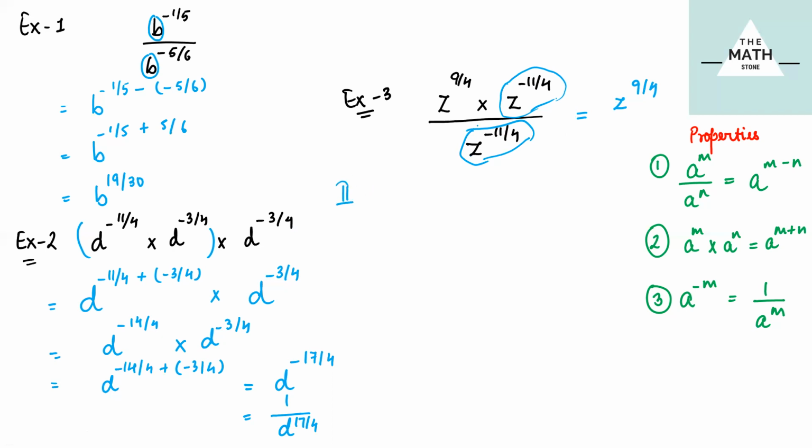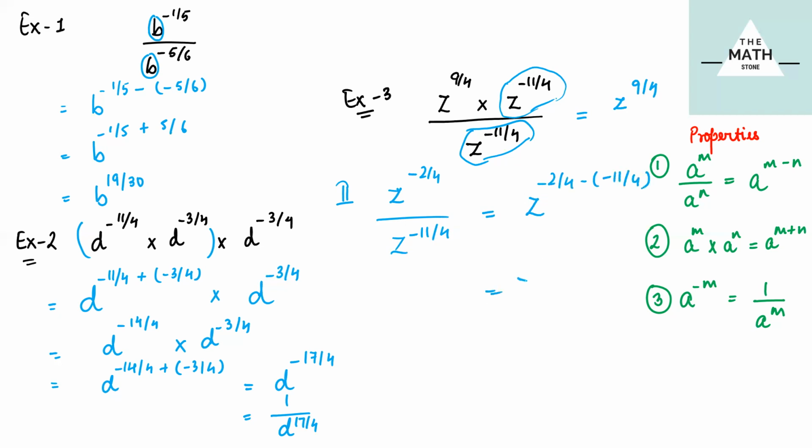Second way is that you can apply multiplication property in the numerator. So you will add 9 over 4 and minus 11 over 4. So that will give you z raised to negative 2 over 4 over z raised to negative 11 over 4. And then you can apply the division property. So you do z raised to negative 2 over 4 minus negative 11 over 4.